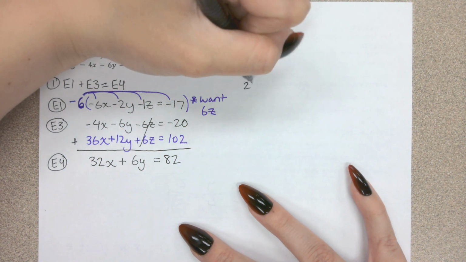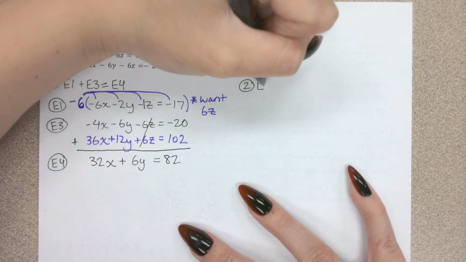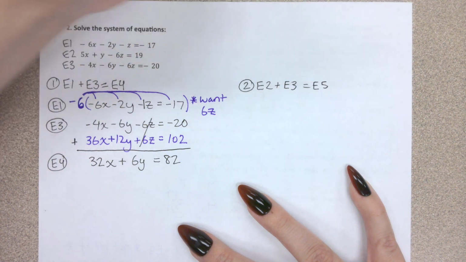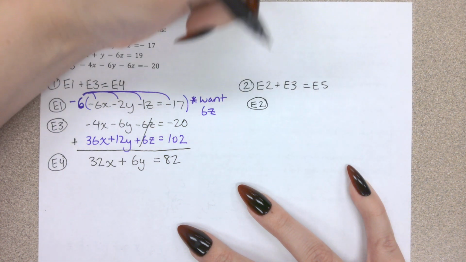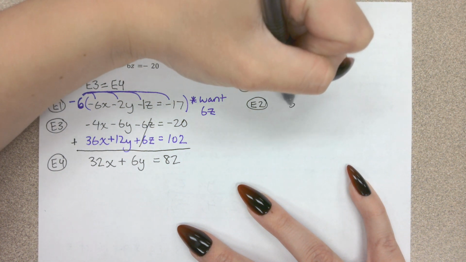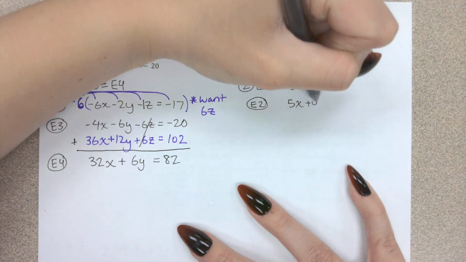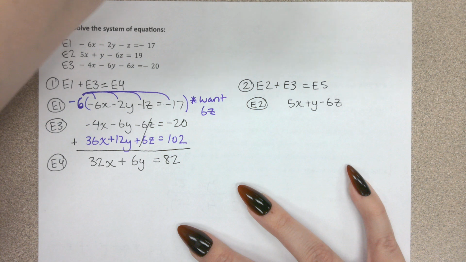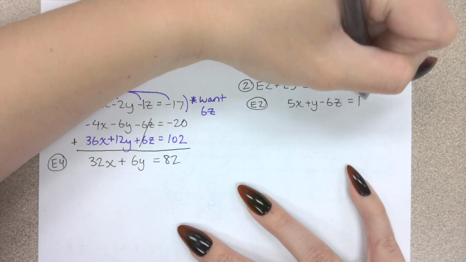Let's get E5. Step 2. E2 plus E3 equals E5. E2, 5x plus y minus 6z equals 19.